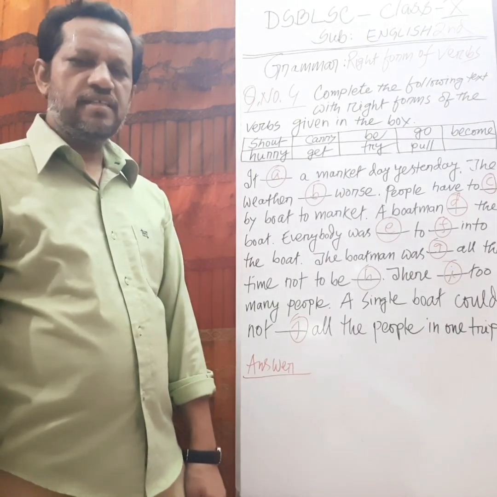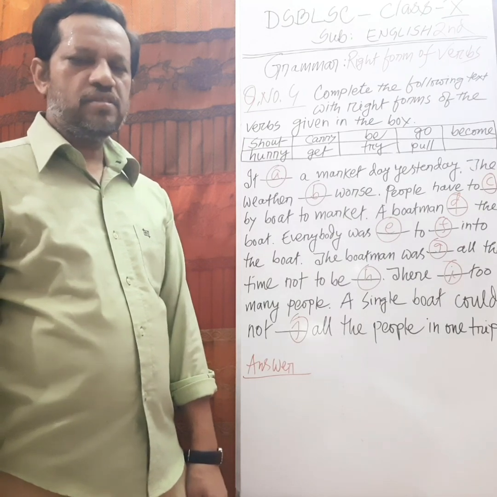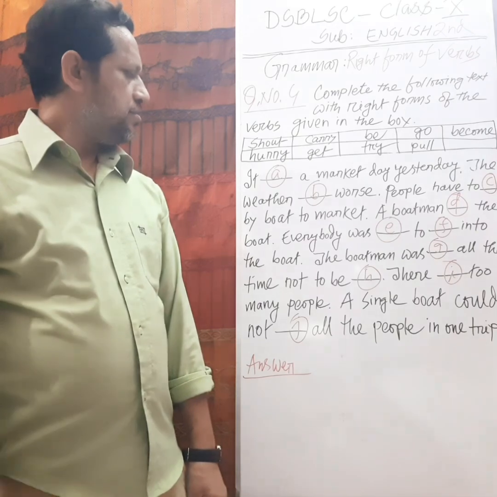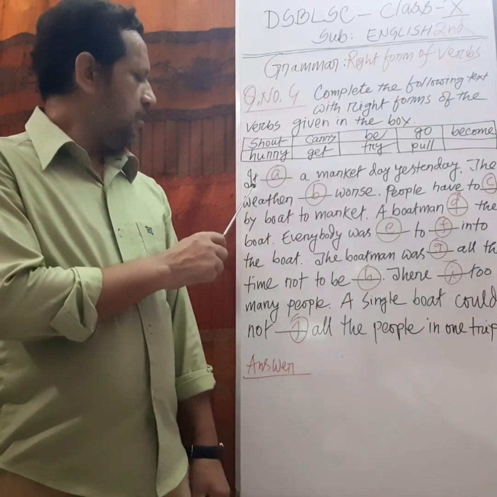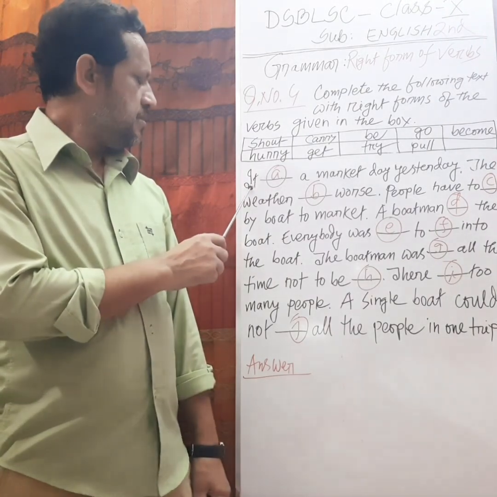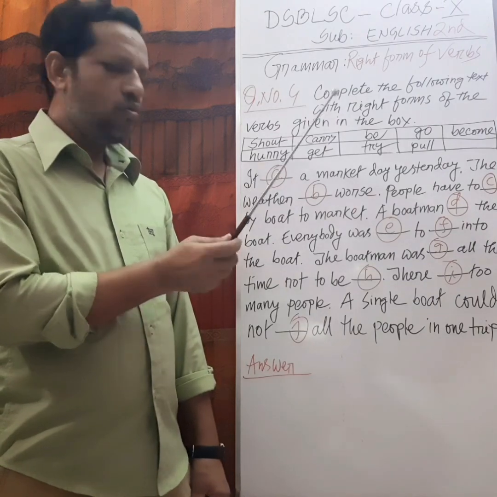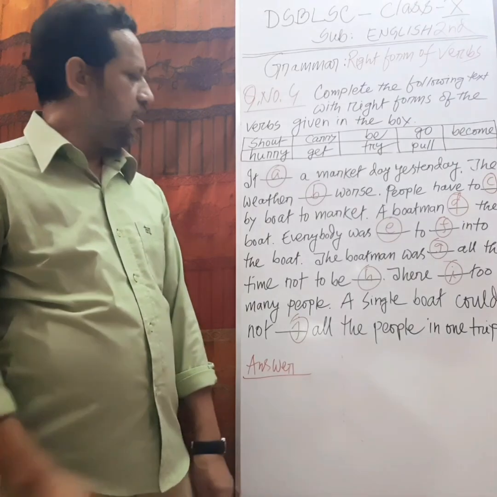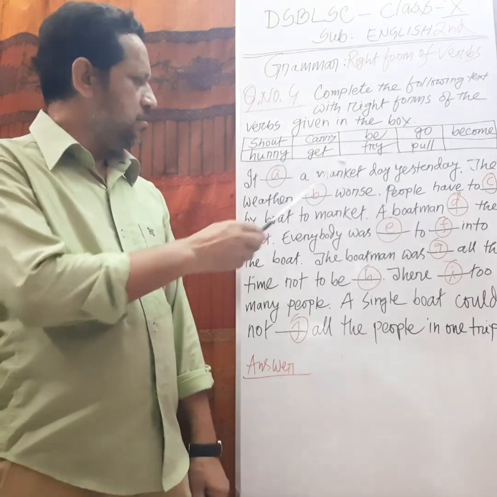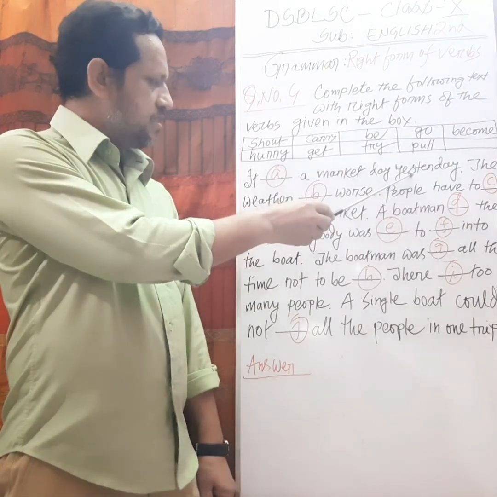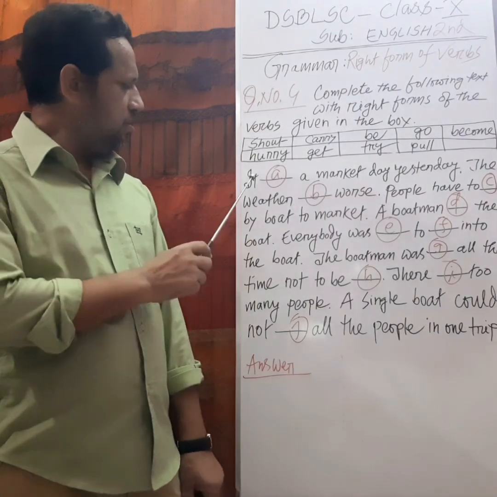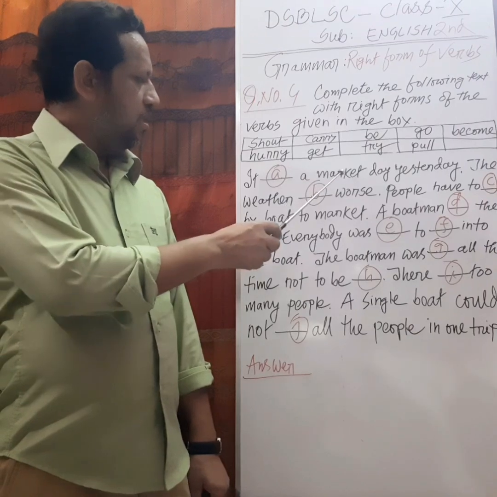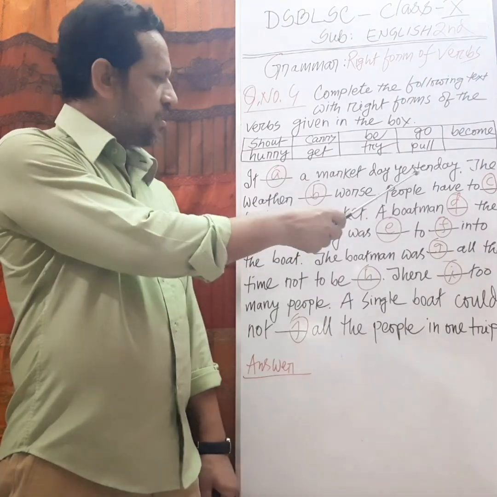For the present tense, am, is, are, and for the past tense, was or were. The subject is singular, and be would be used as was because there is yesterday here. So it was a market day yesterday.